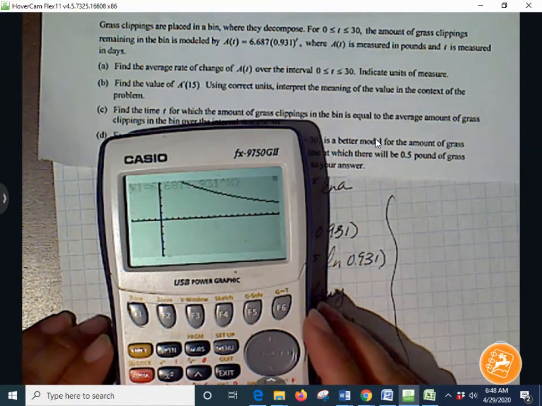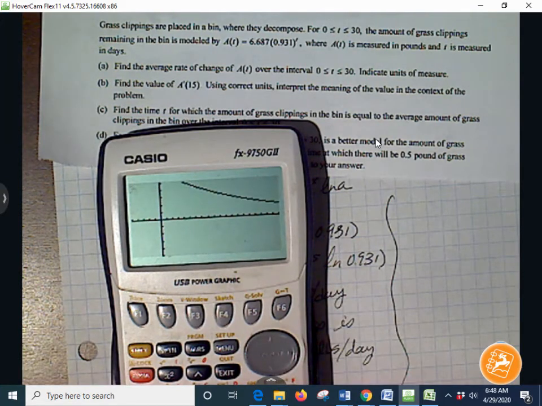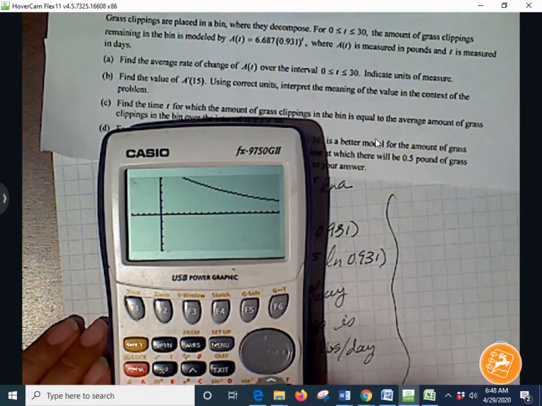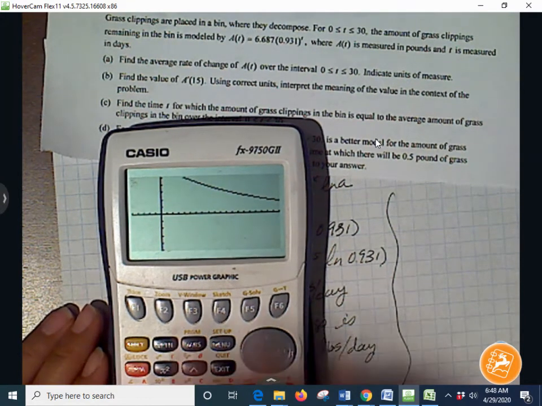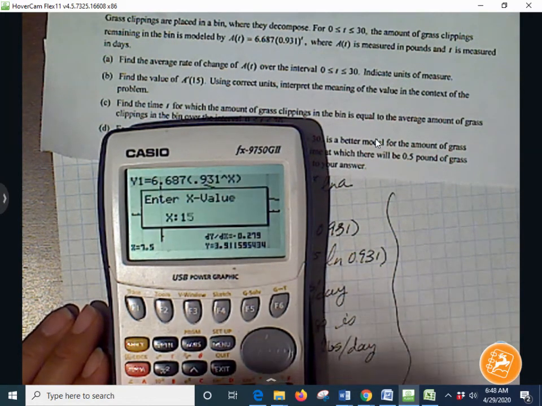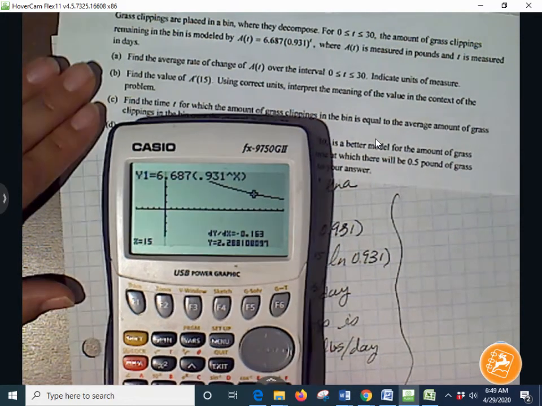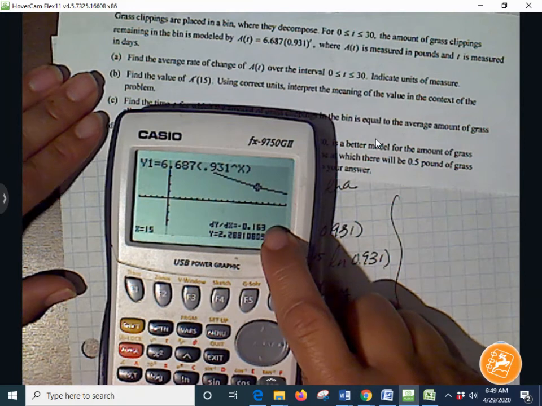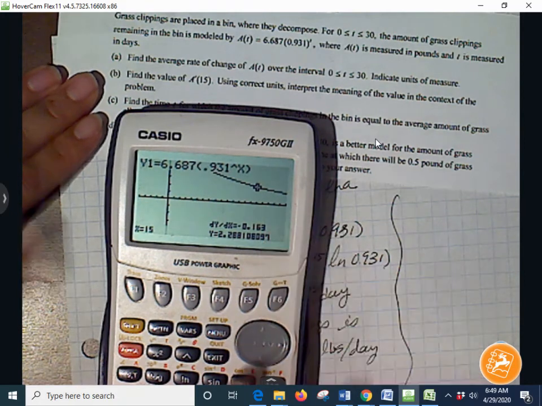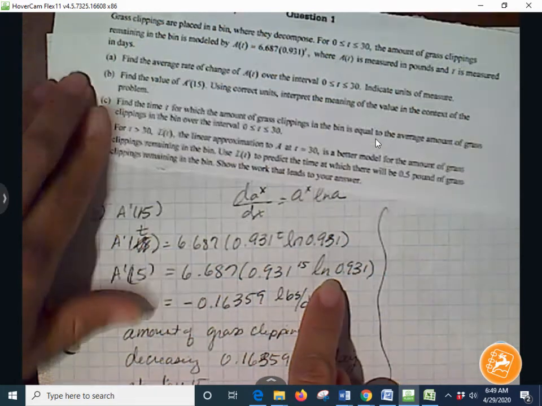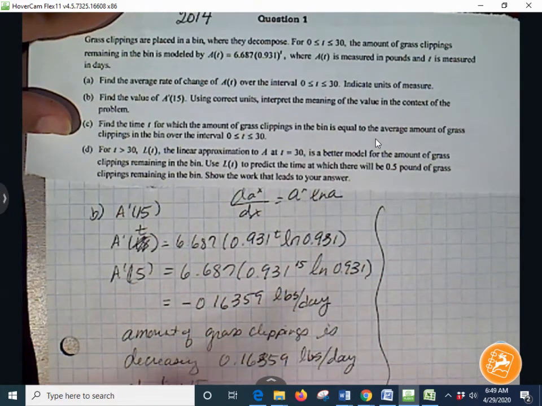For the Casios, you can just put in 15, and then you can find the derivative right at the graph. So you don't actually need to work this all out. You could just put it in your graphing calculator.